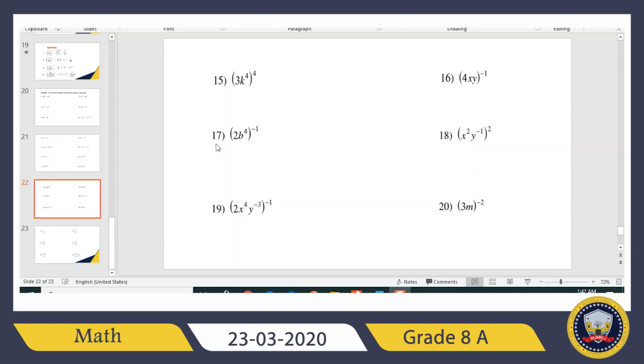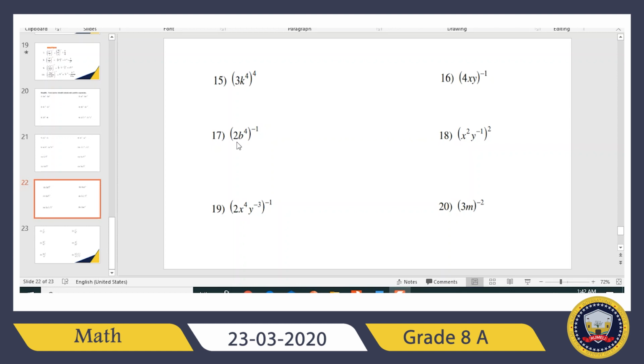What about number 17? (2^1 b^4)^-1. As if I'm saying 2 power 1 times negative 1, it means 2 power negative 1. b^4 times negative 1, it means b^-4. So the answer should be 2^-1 b^-4, right? But I cannot leave it like this.